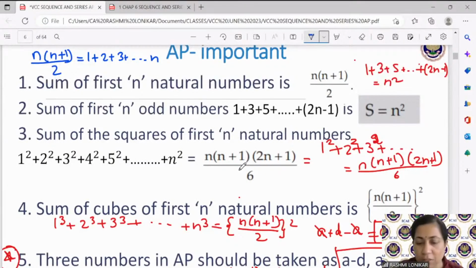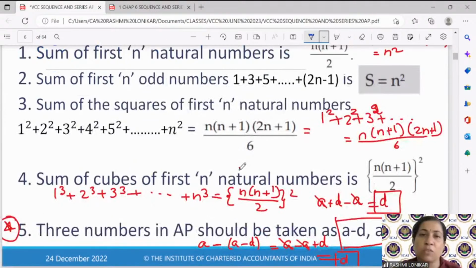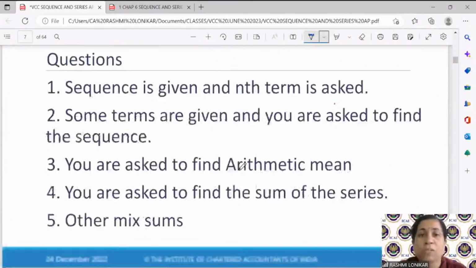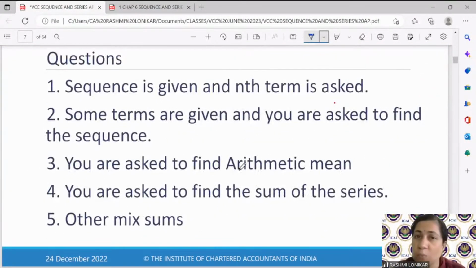Also, then we talked about if you are asked to find 3 numbers which are in AP, you should use a minus d, a and a plus d. Okay, that is only for your convenience, so that it becomes easier for calculation. So what are the types of questions that you get in AP is when the sequence is given and you ask the nth term. Sometimes 2 or 3 terms of the sequence are given and then you are asked to find the sequence.